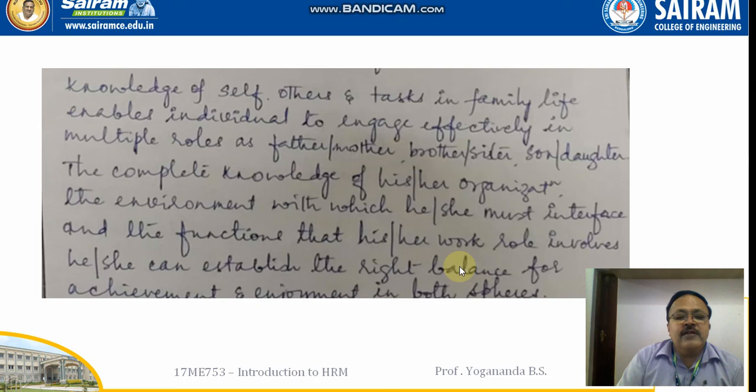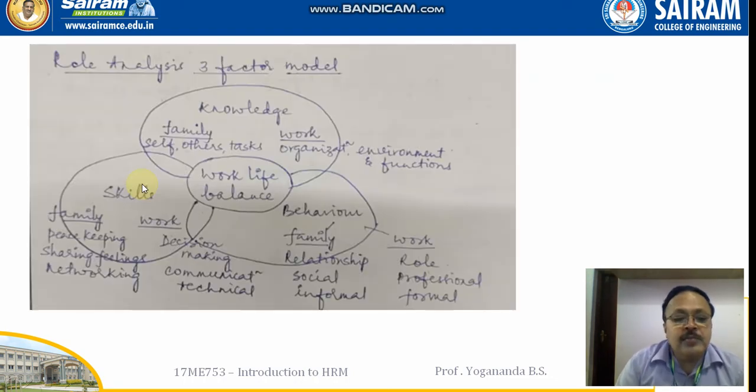Then knowledge of self, others and tasks in the family life will enable the individual to engage effectively in multiple roles as we discussed, as father or mother, brother or sister, son or daughter, etc. With complete knowledge of his or her organization, the environment with which he or she must interface, and the functions that his or her work role involves, he or she can establish the right balance for achievement and enjoyment in both spheres, the family sphere as well as the organizational sphere.